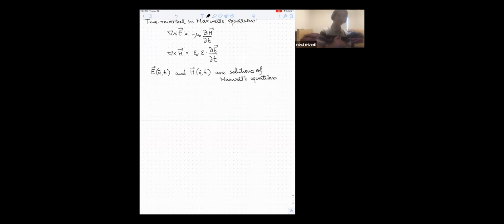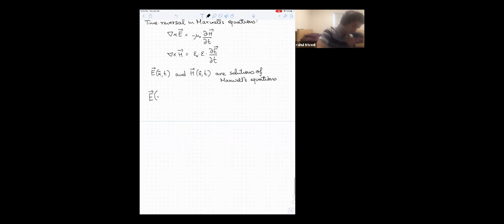So what does time reversal tell us? Time reversal symmetry is a statement of the fact that if you consider the reverse process, so what is the reverse process? Instead of looking at E of x comma t, let me look at E of x comma minus t.